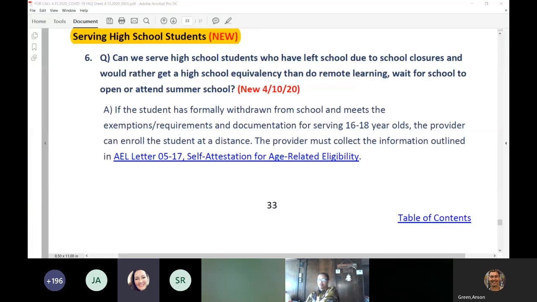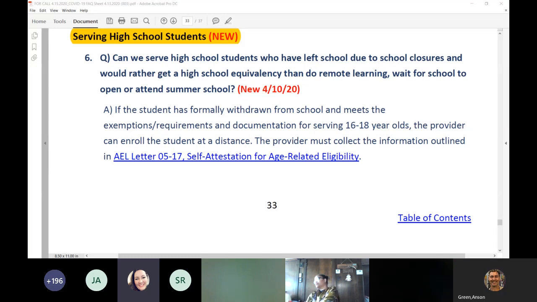Do you have plans to continue? There's the series of questions that you're required to include on this self-attestation form to basically get at answering one question. And that one question is, is the student currently enrolled in secondary school, or do they have any intention of being enrolled in secondary school in the future?